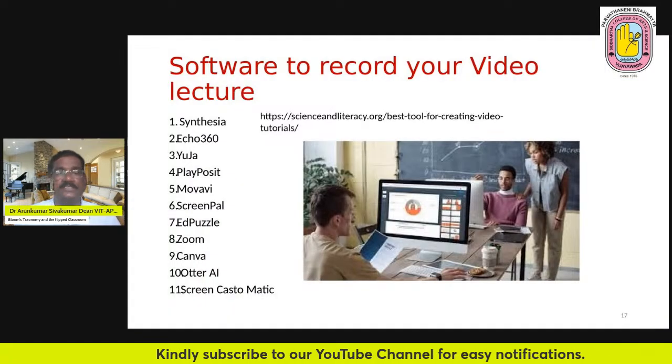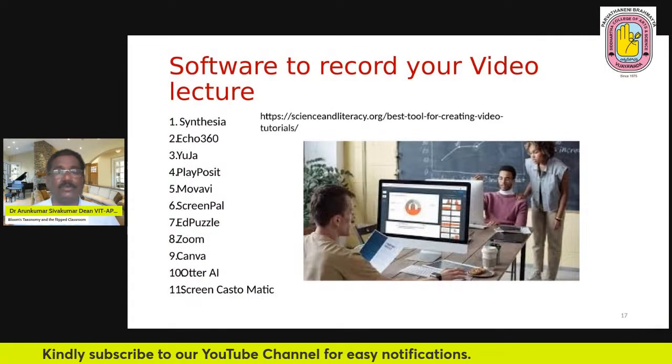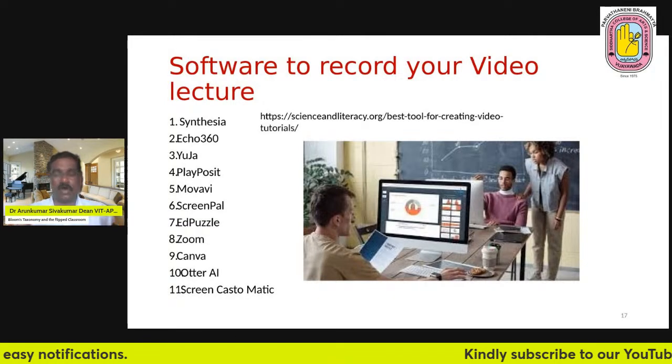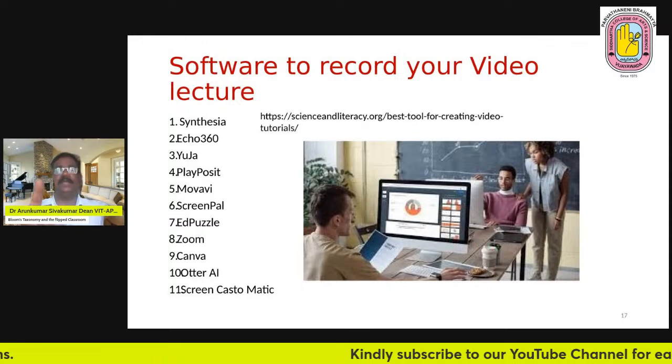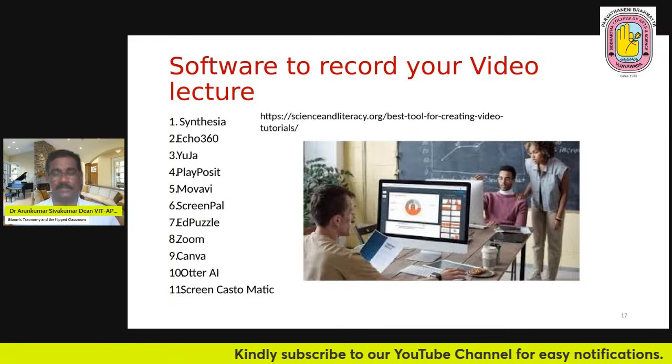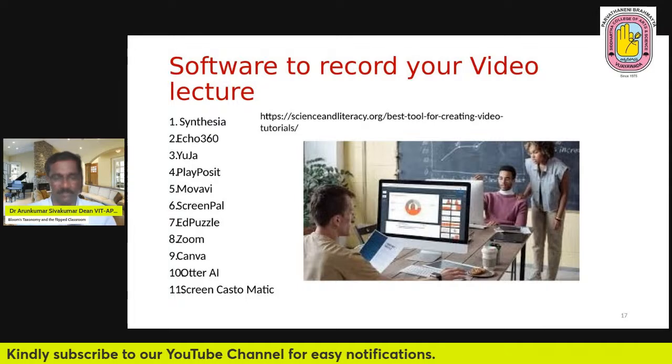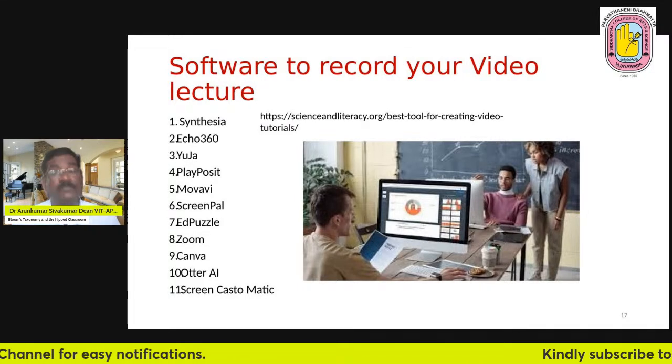So that's the case here. I have given you lot of software to record your videos, right? So you record your video. So all you need is a laptop and a laptop with the camera. Keep the laptop, record it. Use this software. Many of the software is free in cost, and there is one beautiful software which I use in many institutions.